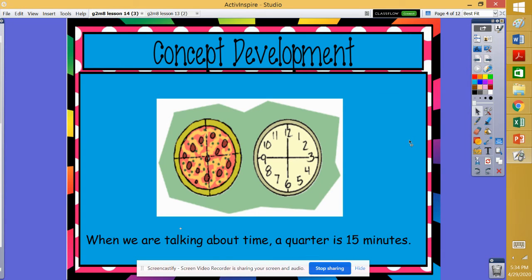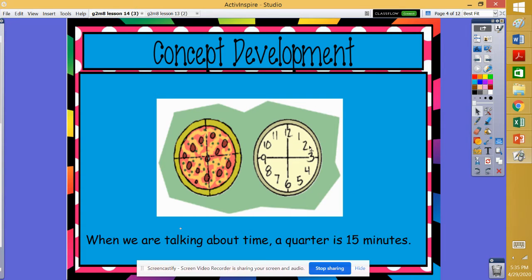We can also think about separating an hour into fourths. So when we're talking about time, if an hour is 60 minutes, half of an hour is 30 minutes, 1/4 of an hour would be 15 minutes.